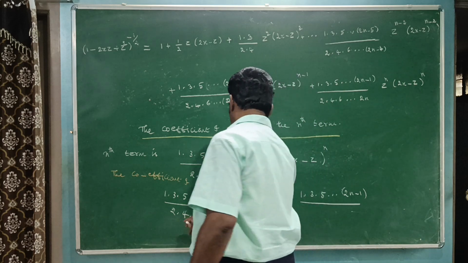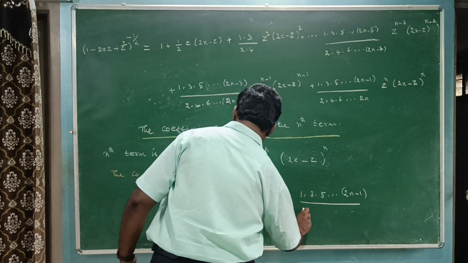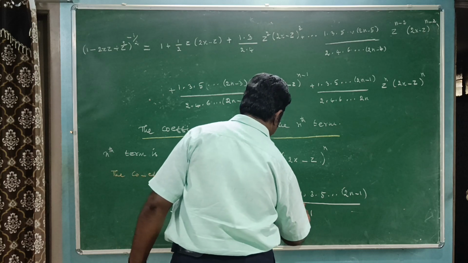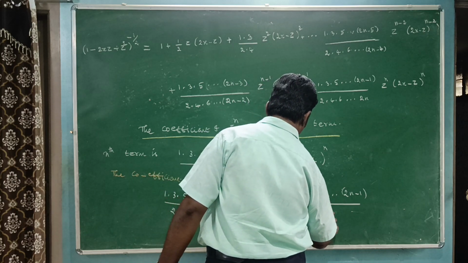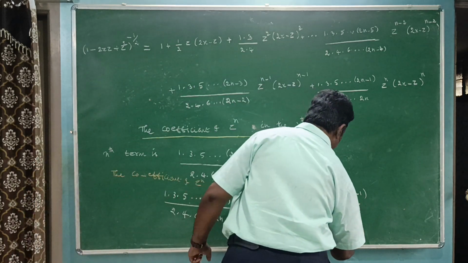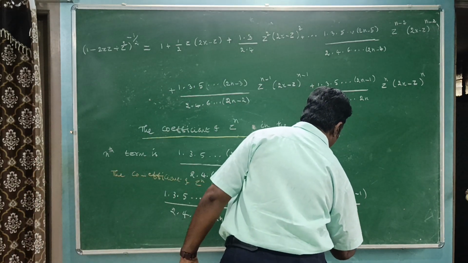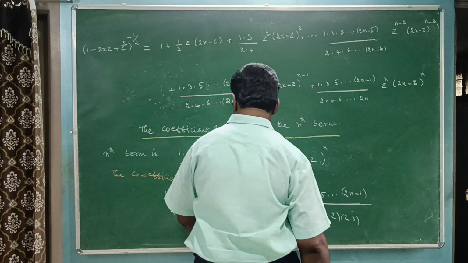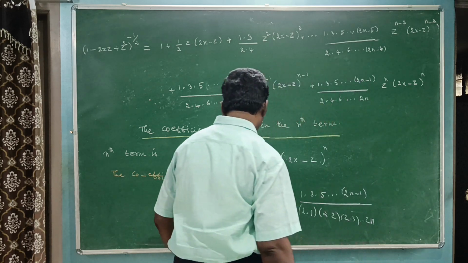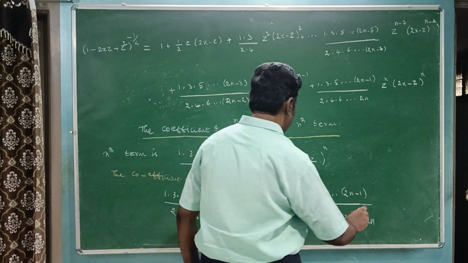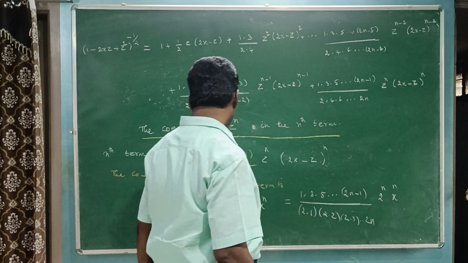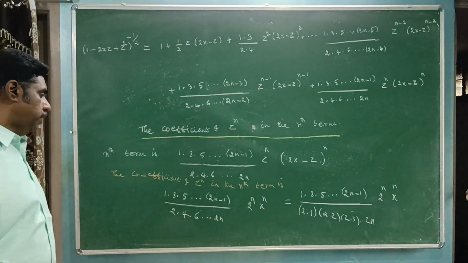now consider this: 2 into 1, 4 is 2 into 2, 6 is 2 into 3, and this is 2n, 2n. Here 2 power n x power n. Now we have to modify this further.